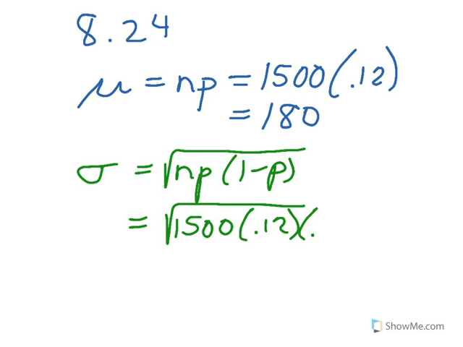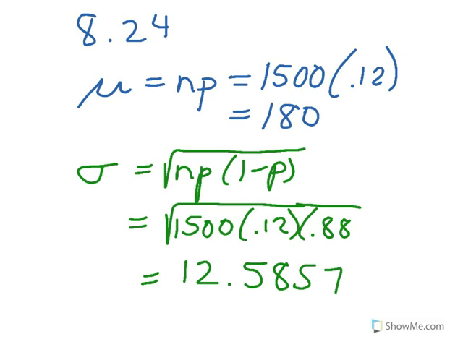But we're also going to multiply by 0.88, which is 1 minus p. And when we simplify all that on a calculator, we're going to get approximately 12.5857. So that means that we would expect to have 180 blacks in a typical sample, plus or minus about 12 or 13. That's part A.